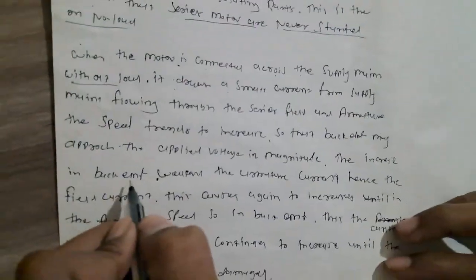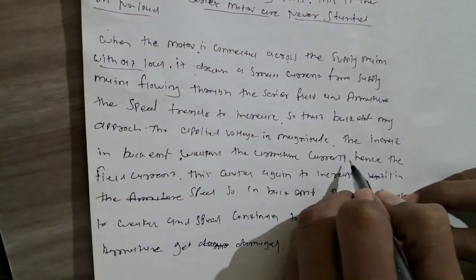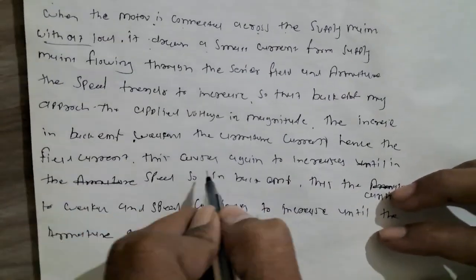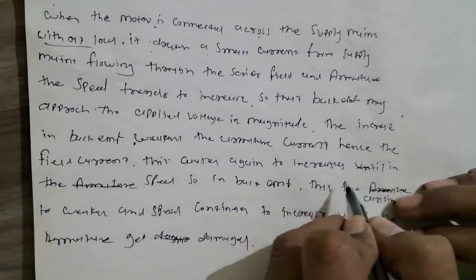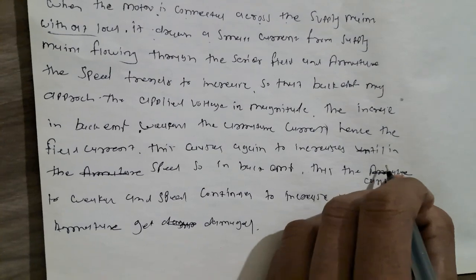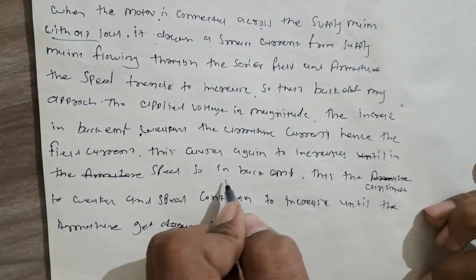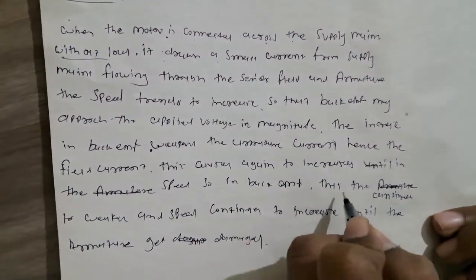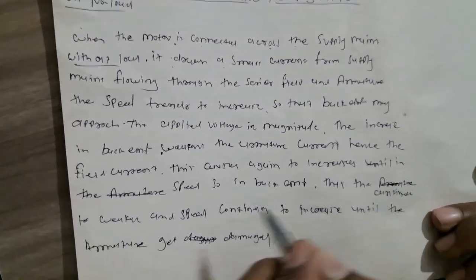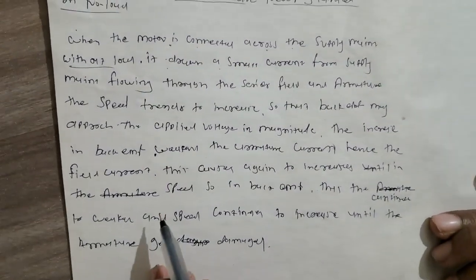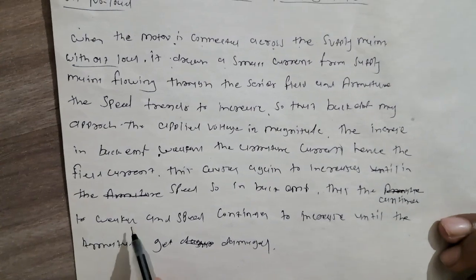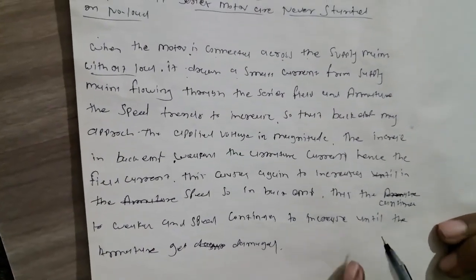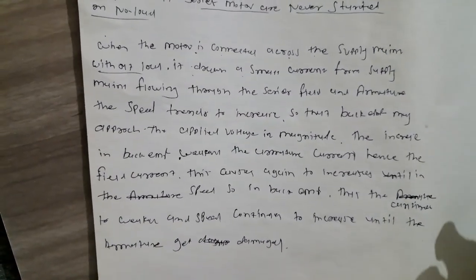The increase in back EMF weakens the armature current, hence the field current. This causes a further increase in speed. So back EMF continues to weaken and speed continues to increase until the armature gets damaged.